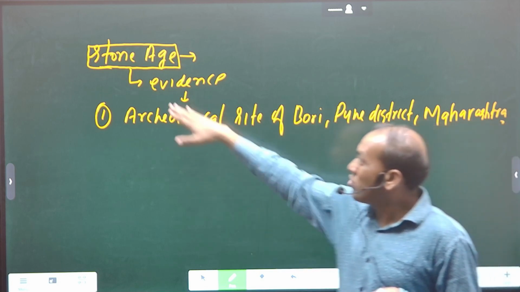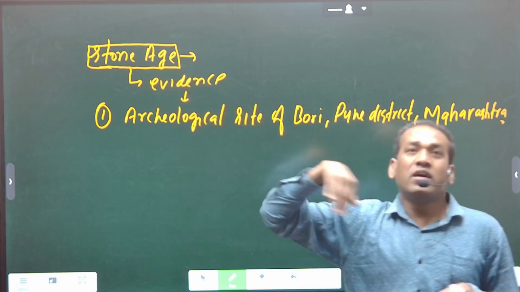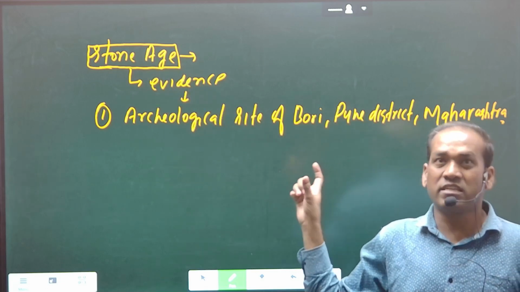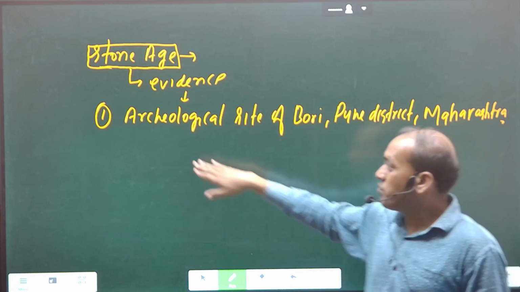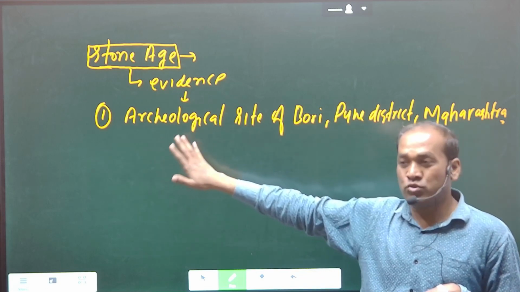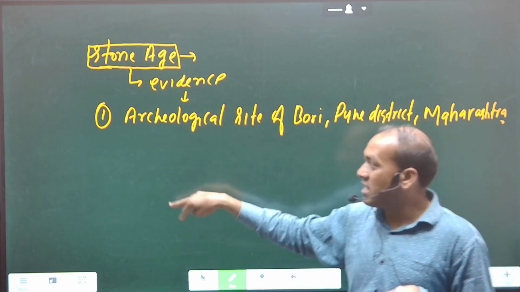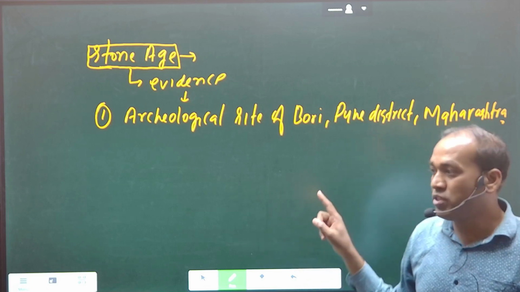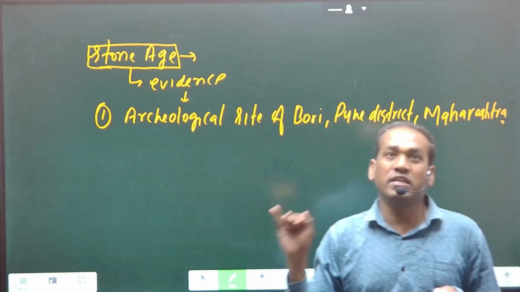Do you have any evidence that Stone Age culture appeared in India? Here we have two evidences. Actually, we have so many evidences, but here I will write two. With those evidences, you can say that Stone Age culture appeared in India.